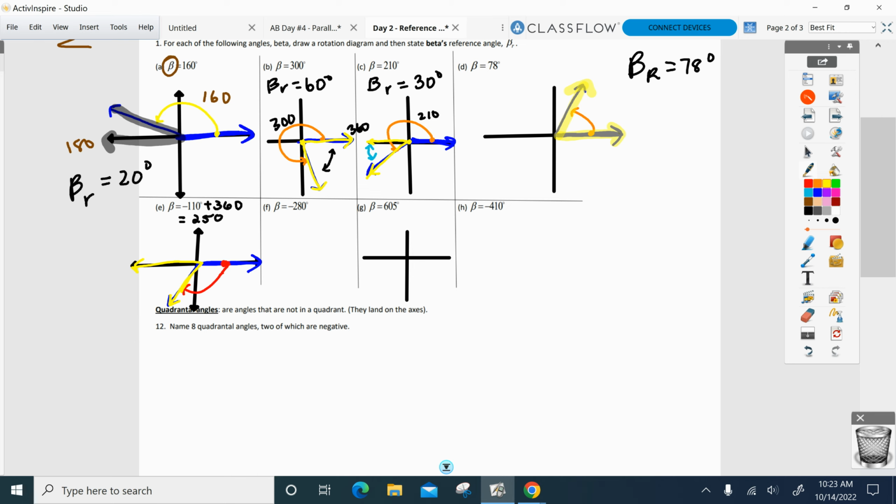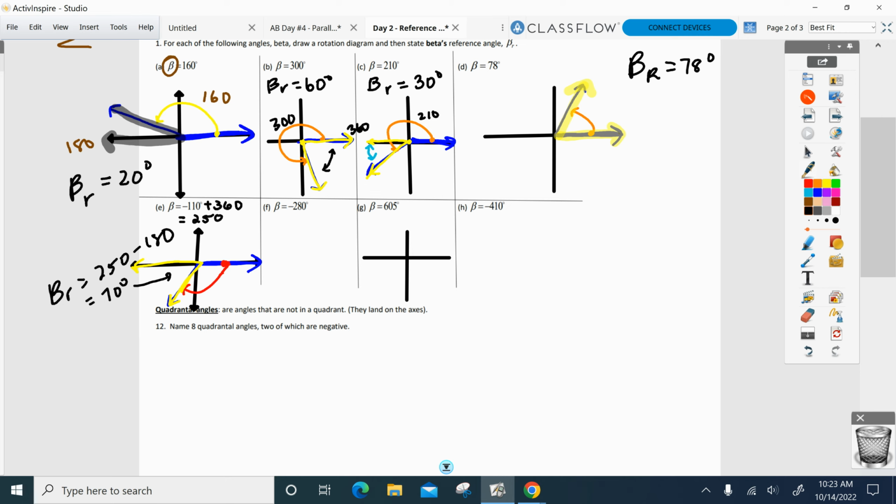We know that's 250, and we know that's 180. What can I do with the 250 and the 180 to find that reference angle? I can subtract them. So it's 250 minus 180, and that reference angle is 70 degrees. And remember, reference angles can't be negative. They always have to be positive.